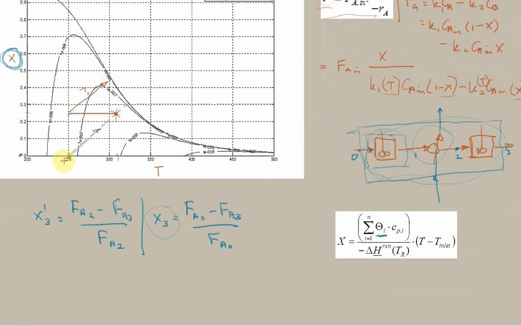So if we did the cooling before we even entered the first reactor, we'd be somewhere here. And then we applied this overall conversion. So we know we are achieving some overall conversion x3, and that happens with the overall temperature T0 to T3, then in effect, that's this line.